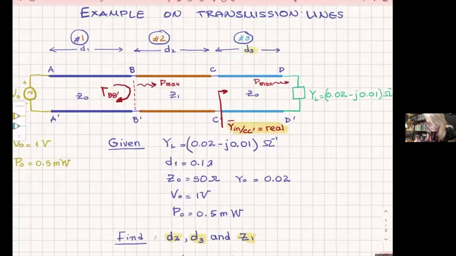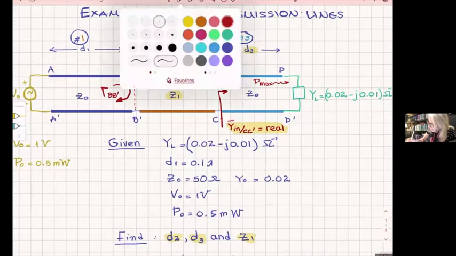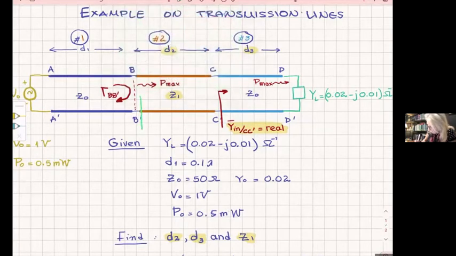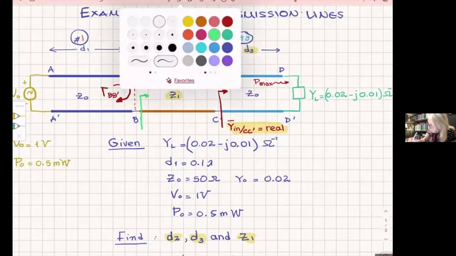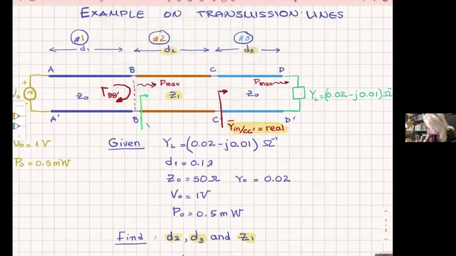If this is real, then I can design D2 and Z1 so that the input admittance here, I want to finish my thought before I write, then the input admittance here, I can make it to be Y naught. And that I can do by using a quarter wavelength transformer.